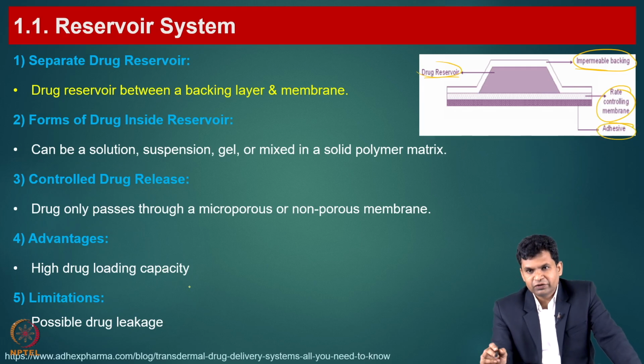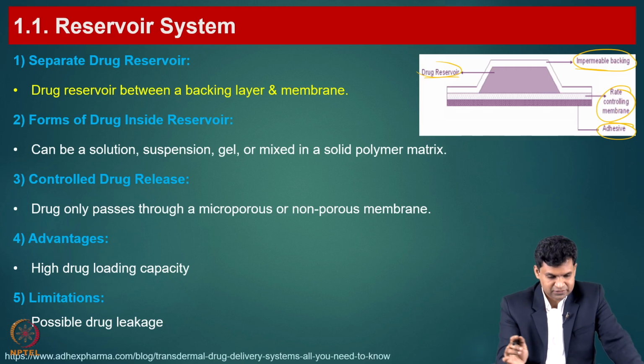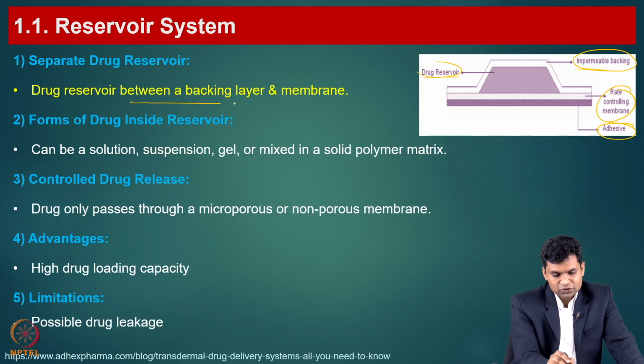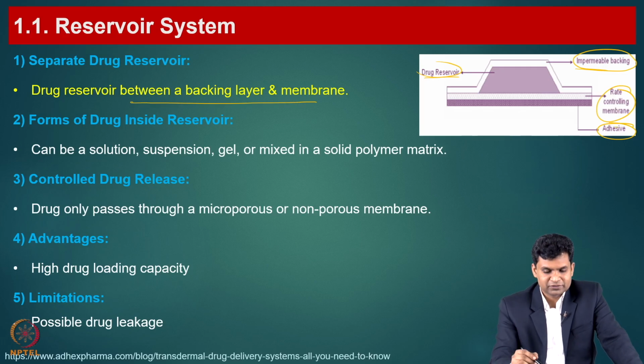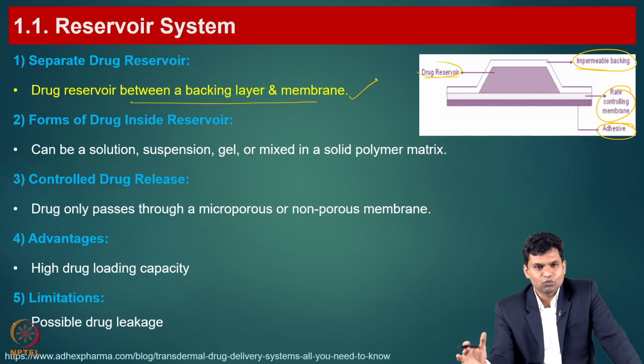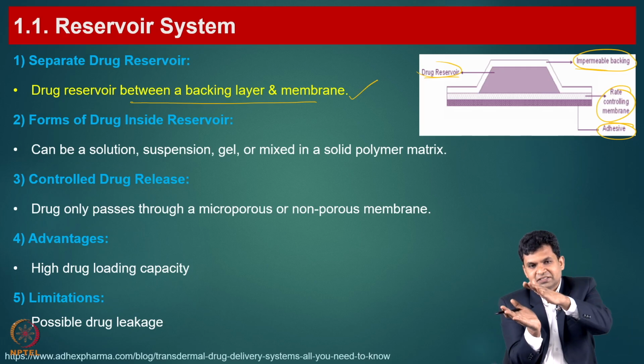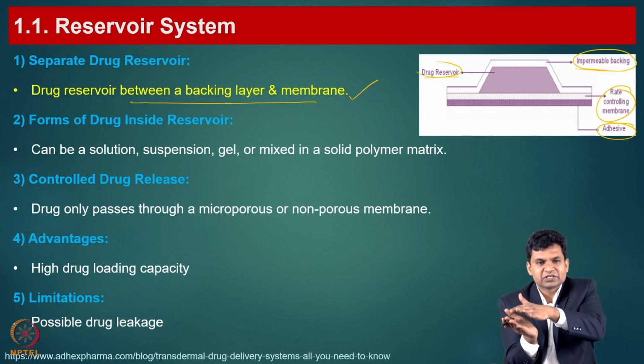When you load your drug between the impermeable backing membrane and the rate controlling membrane, it is called a drug reservoir, where the drug is reserved between two layers. You can read it here: drug reservoir between the backing layer and the rate controlling membrane. That is why it is called a reservoir system.